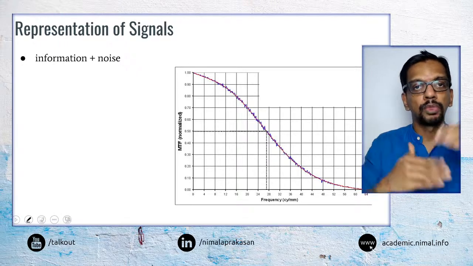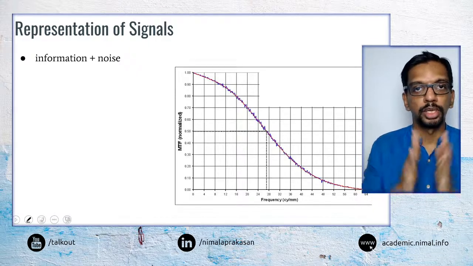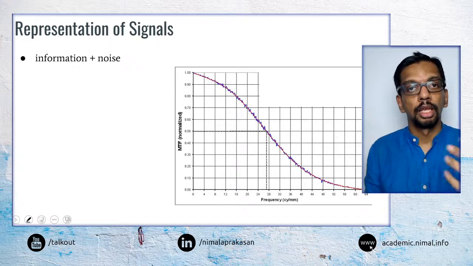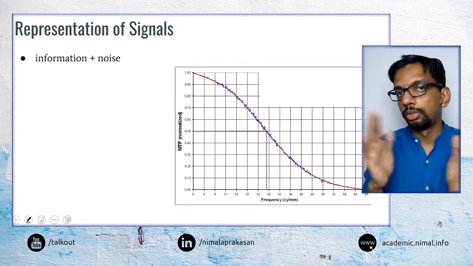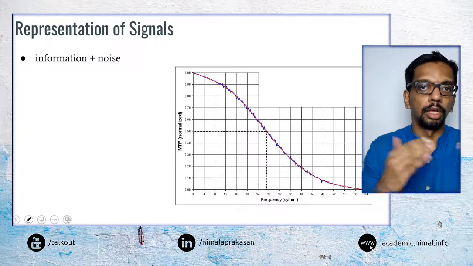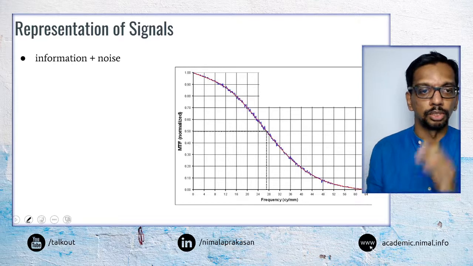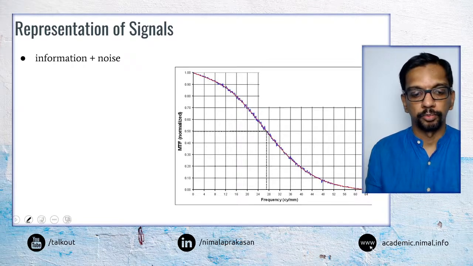Then we may have to separate that noise from the actual information to use in our systems. So again, this is where we may use certain types of filters to get a better outcome from the received signals, to separate the noise from information.